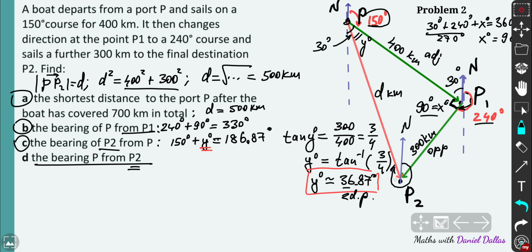So that's why we can set up this angle, which is 186.87. Using the property of two parallel lines here and here, and alternate angles, this angle 186.87 is going to be the same as this angle.